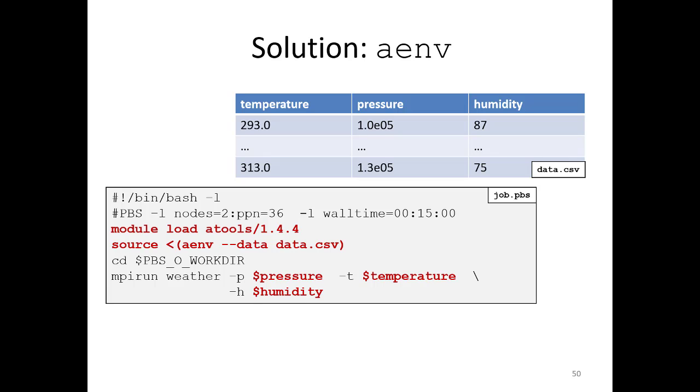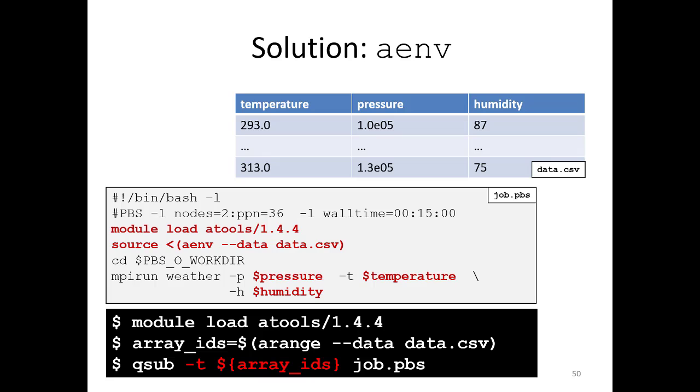So what it essentially will do is ensure that the environment variables pressure, temperature and humidity are initialized correctly for this particular job. So basically, aenv will take a row out of that CSV file and will initialize the environment variables appropriately.